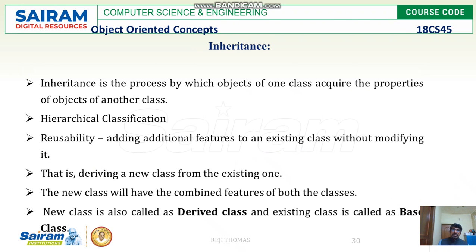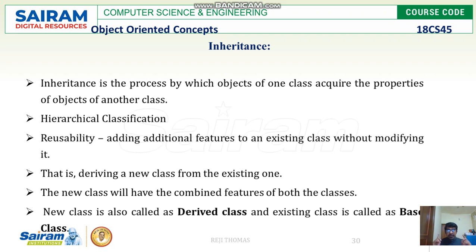So the next important feature is inheritance. Every one of us has inherited certain properties from our ancestors, parents or grandparents. Same way, when it comes to object oriented programs, an object of one class acquires properties of objects of another class. Obviously, in a program you will have n number of classes, and for every class, objects will be created.